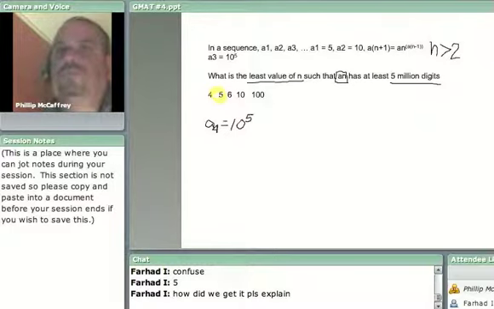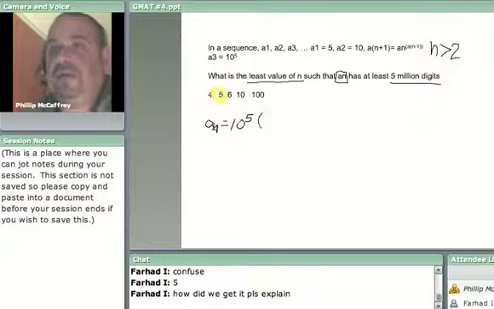So 10 to the 5th, 10 to the 6th, and so on and so forth. Then this is raised to the power of a sub n minus 1, which is a sub 2. It's 10.